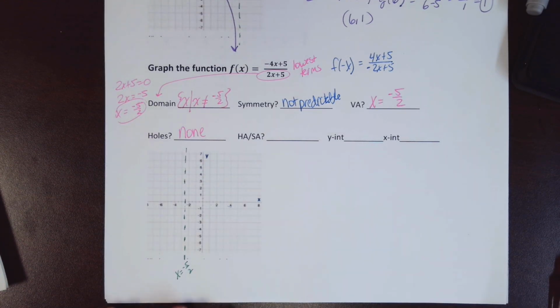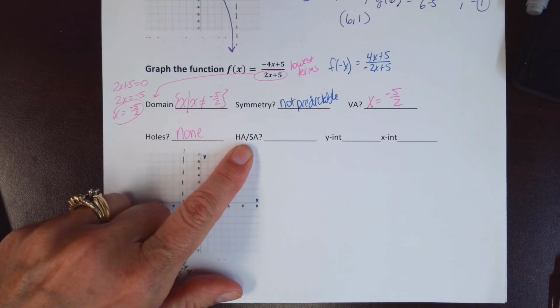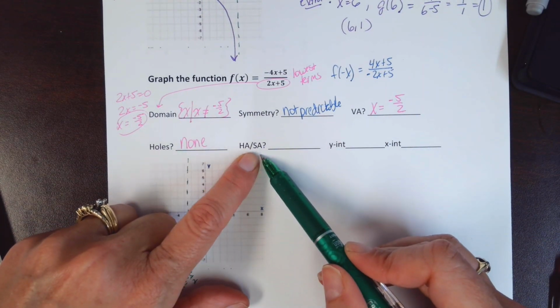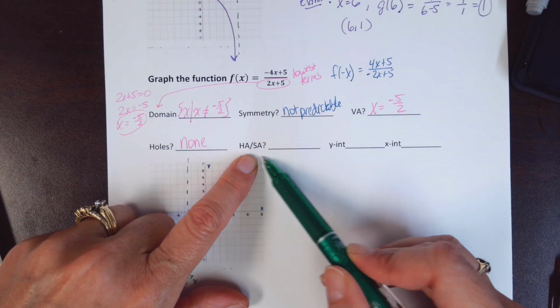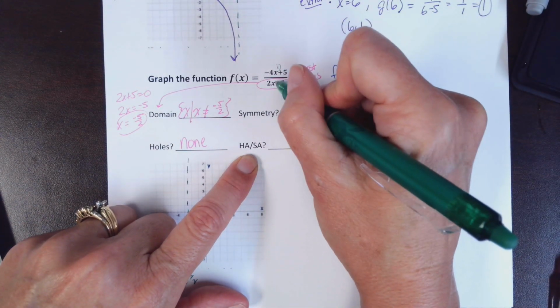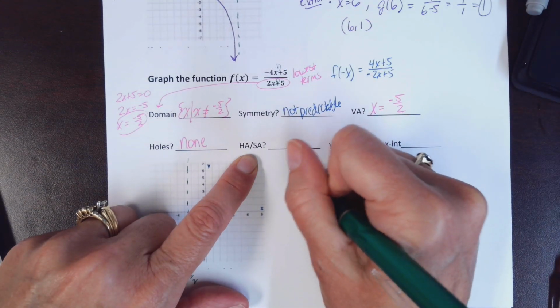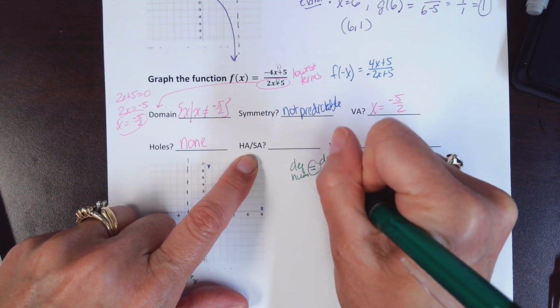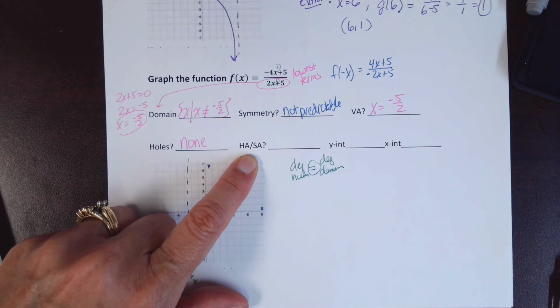All right, now let's compare our degrees, the degree of the numerator compared to the degree of the denominator, so that we can decide about horizontal or slant asymptote. The degree of the numerator is 1, the degree of the denominator is 1, so the degrees are equal.